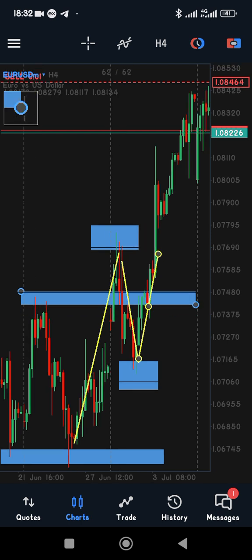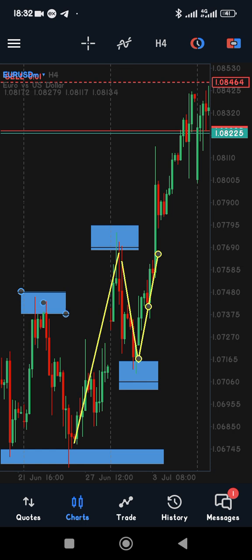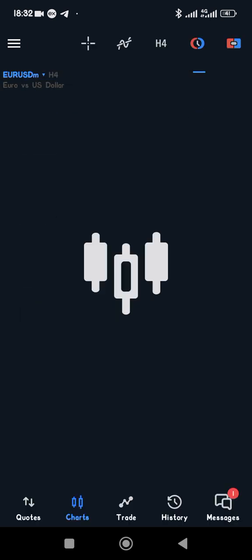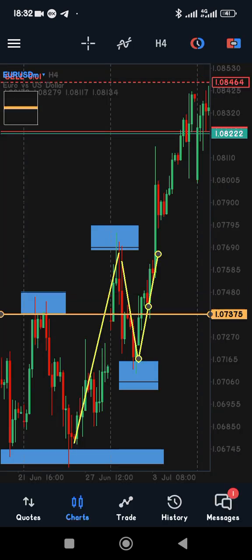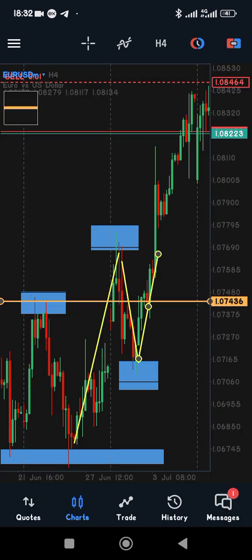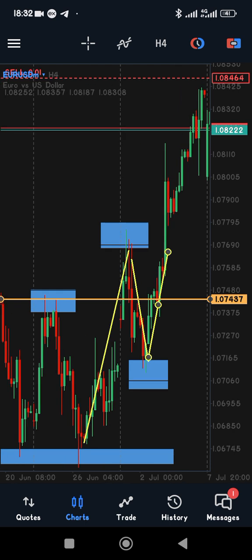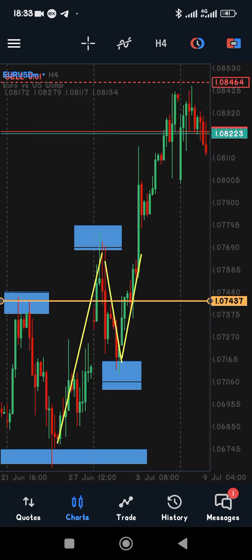This is a particular level right here, the resistance. And like I said earlier on, this higher high was broken, and the trend was turned from downward trend to uptrend.